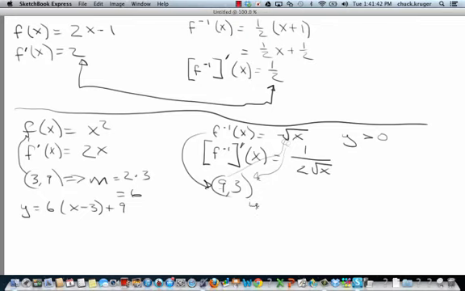Over here it is going to be y is equal to, now if I put 9 into here, square root of 9 is 3, 2 times 3 is 6, I get 1/6. I get that reciprocal. Notice they're reciprocals. My slope is 1/6, and I'd have x minus 9 plus 3.